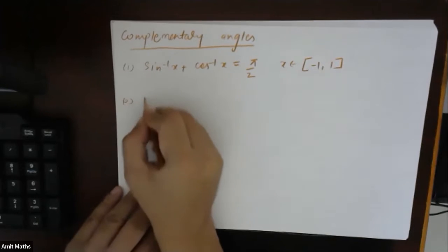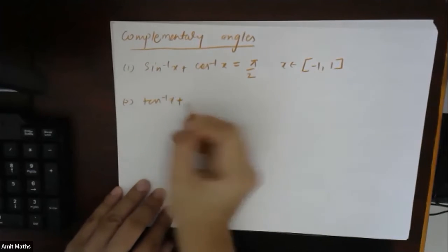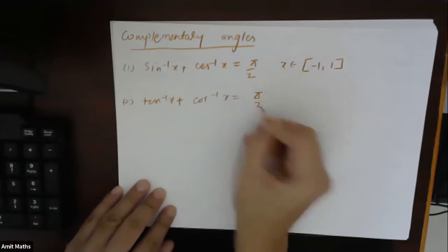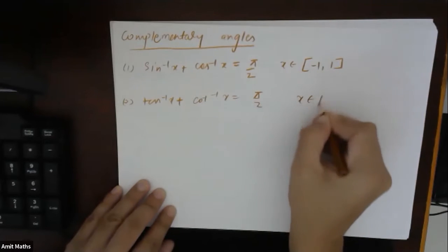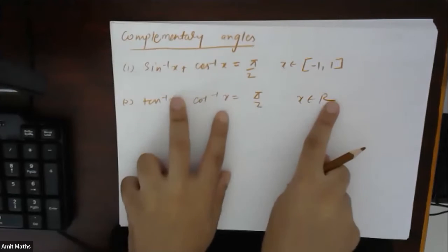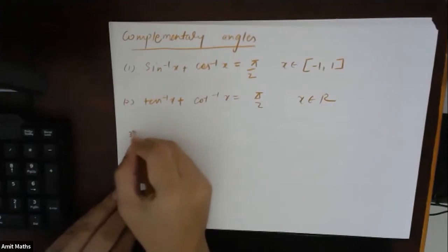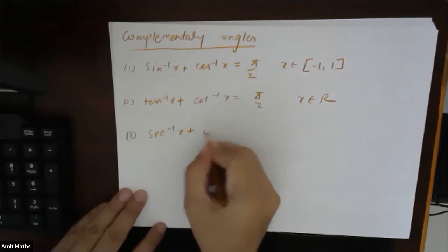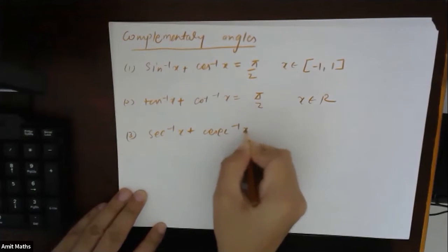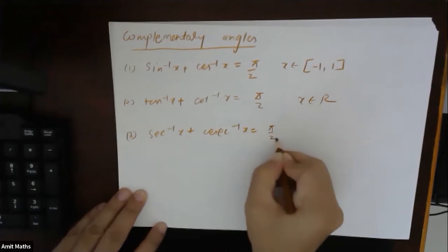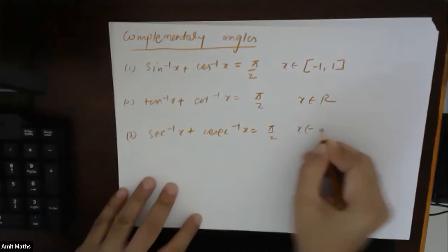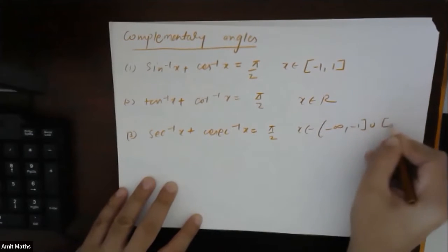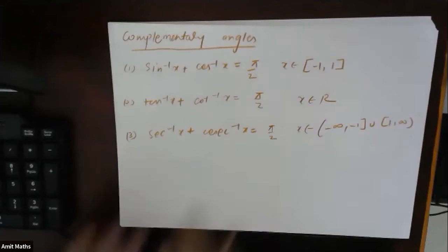Second, tan inverse of x plus cot inverse of x will be equal to pi by 2, where x belongs to R. Third, sec inverse of x plus cosec inverse of x will be equal to pi by 2, where x belongs to -infinity to -1 union 1 to infinity. Okay, write them.